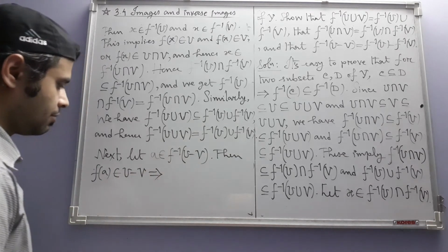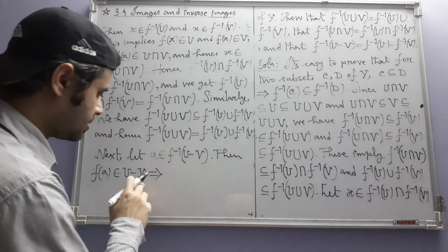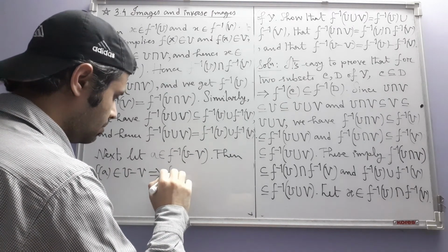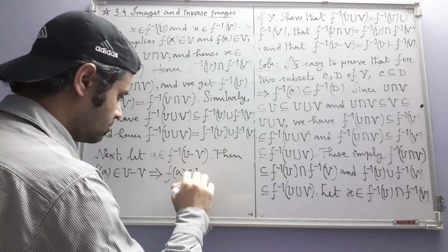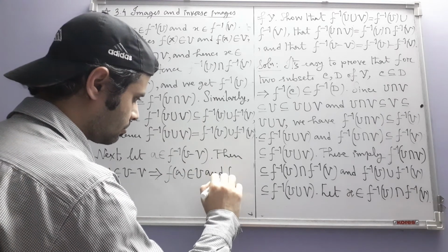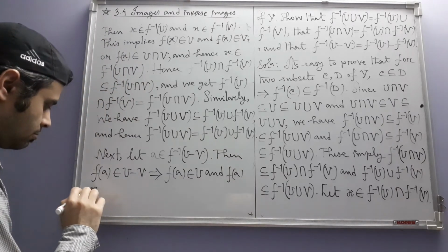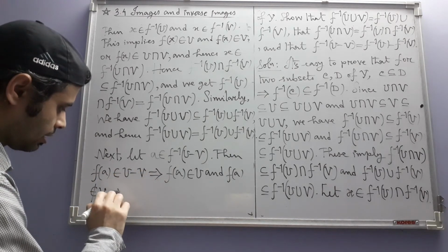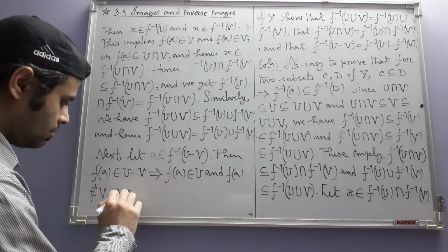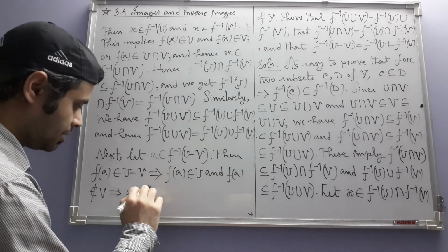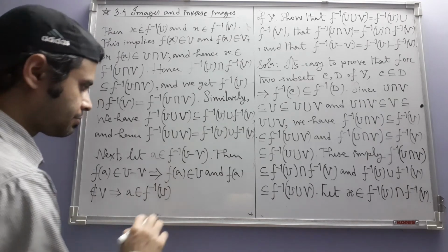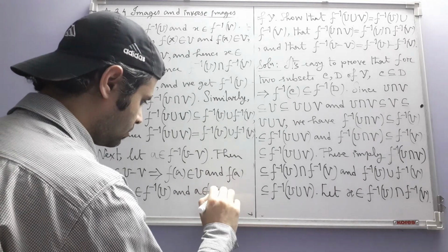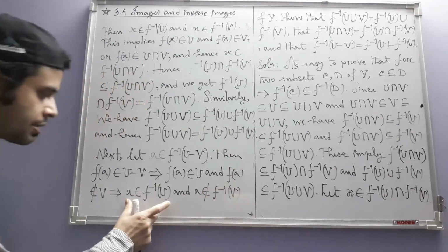Let me use mathematical symbols instead of writing phrases, that will be much neater. So this implies F of A belongs to U and F of A does not belong to V by the definition of difference, and that implies A belongs to F inverse of U, and A does not belong to F inverse of V. This is clear for the first part.